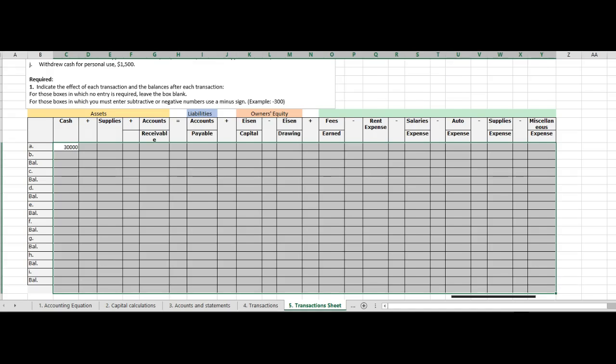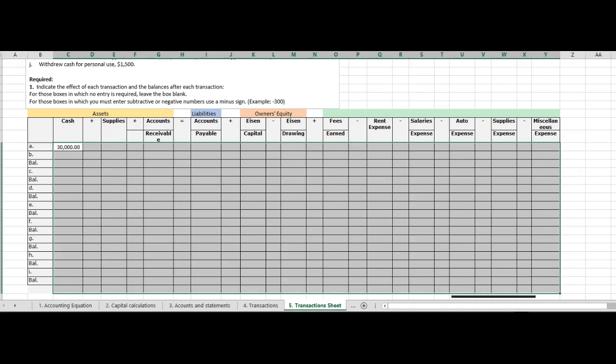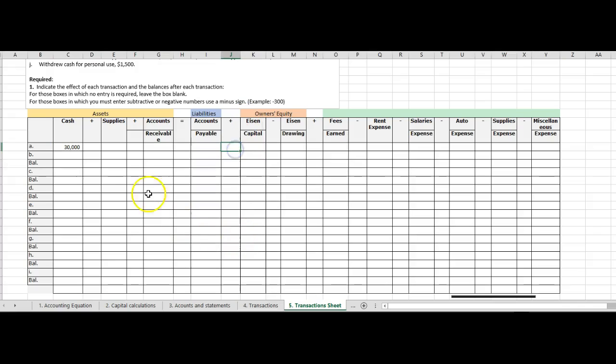So let's do a comma and there we go. I have $30,000 on this side of the equation, and I need to do $30,000 right here in owner's equity. So we're in balance to begin with.